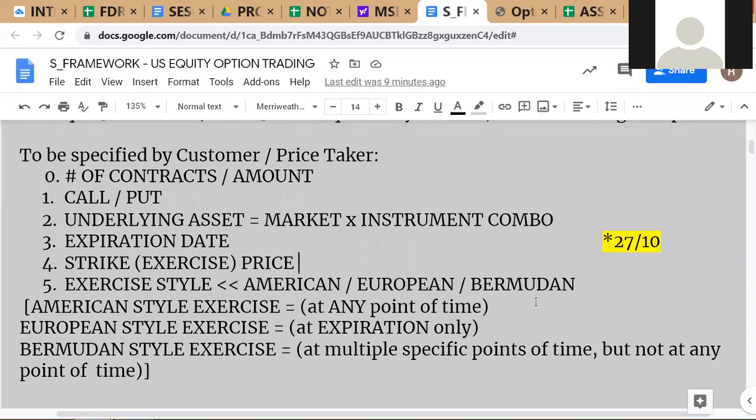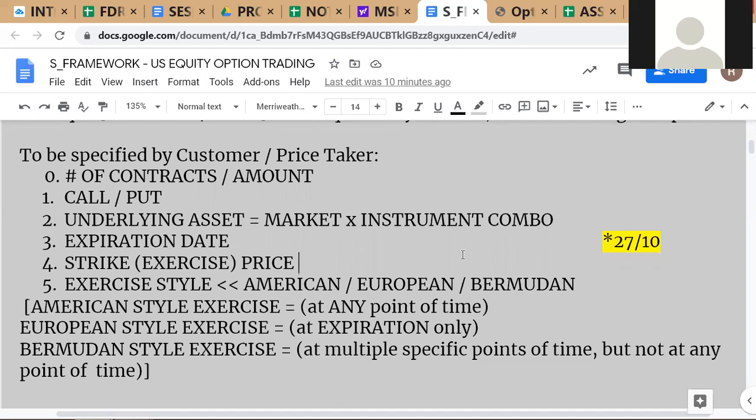Exercise style is something else. There are 3 basic concepts which relate to exercise style. Exercise style means when can you exercise? Remember, the option gives you a right, and whenever you have a right, you can exercise that right. So the question is, when do you exercise that right, and how do you do it, and what is the true nature of the right?